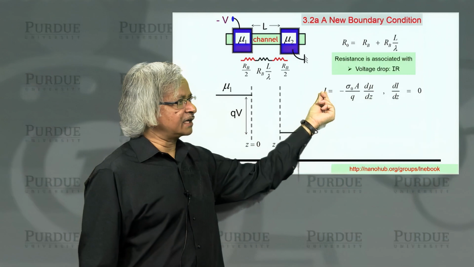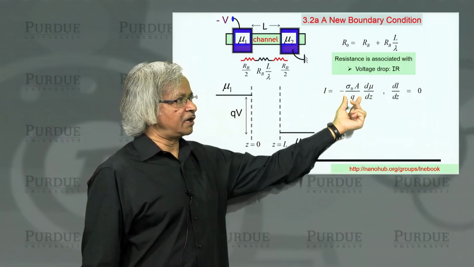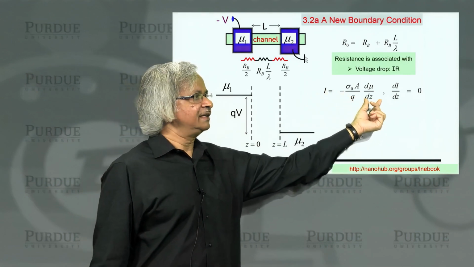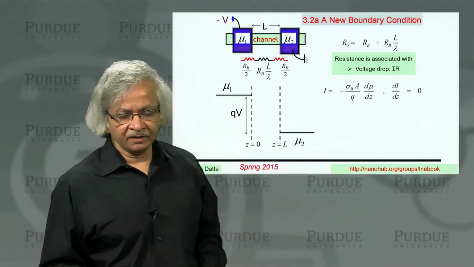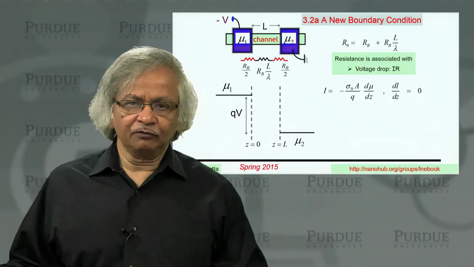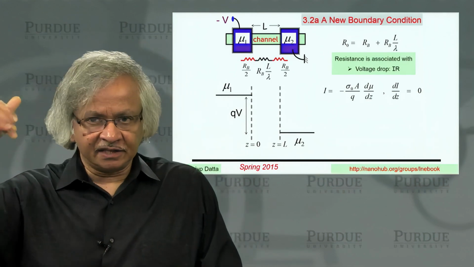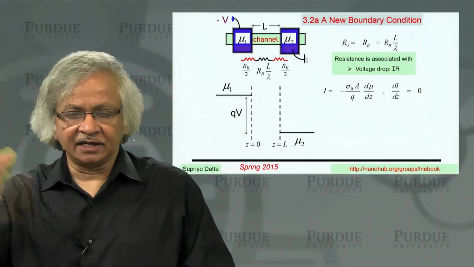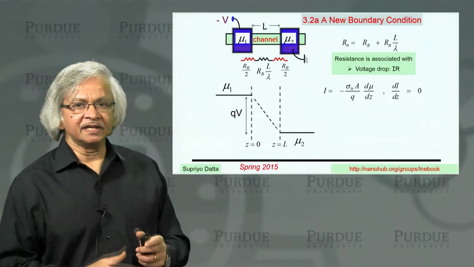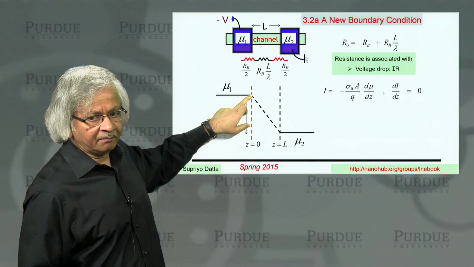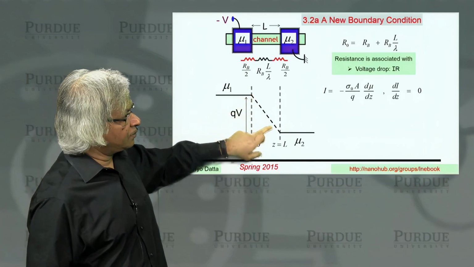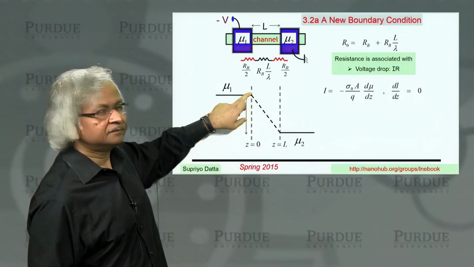And if the current is a constant, then as long as what's out front is constant, it means the slope of the electrochemical potential must also be a constant. Now, a curve whose slope is a constant is a straight line. A straight line has constant slope. So what that means is that the electrochemical potential must vary like so across the channel.